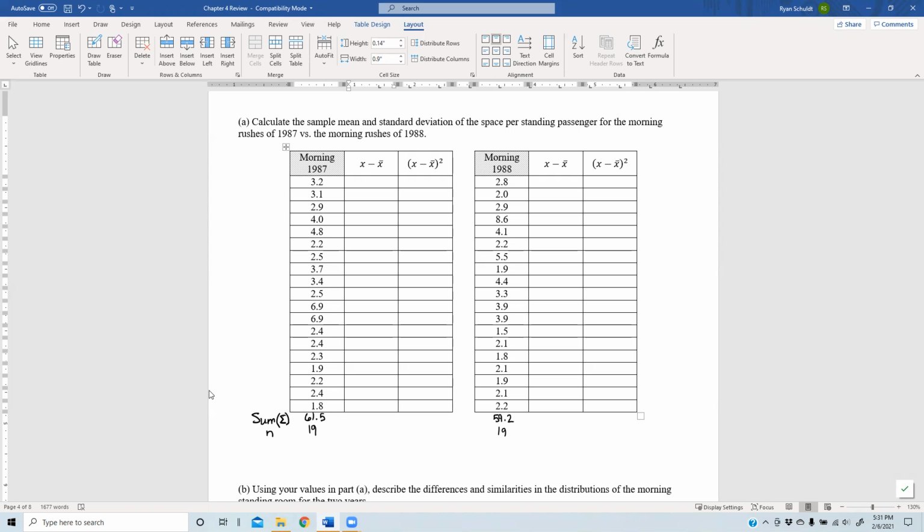So for 1987, x bar would be equal to the sum of our x's divided by n, which is 61.5 divided by 19, which gets us approximately 3.24 square feet.